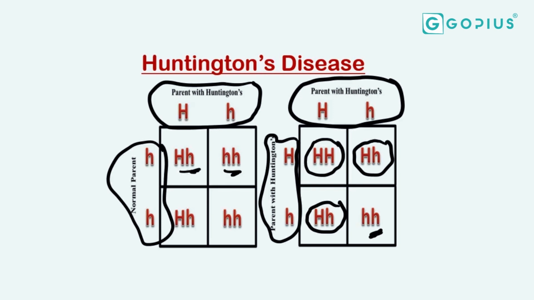Small h with small h gives you a normal individual. So we only have one normal individual in this Punnett square. So we have 25% non-Huntington's disease sufferers, and 75% of children in this family suffering from Huntington's disease.